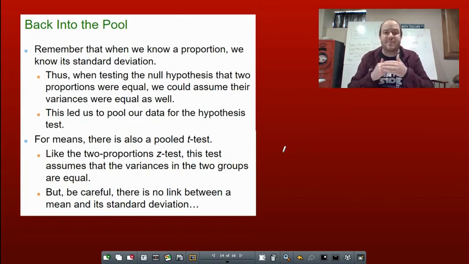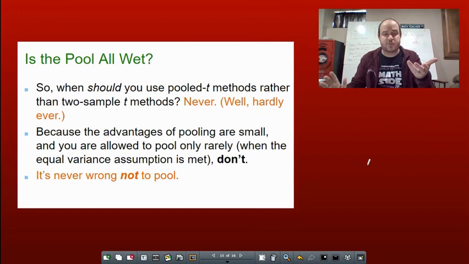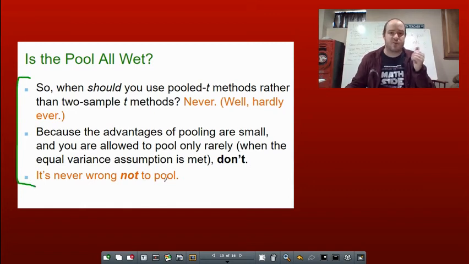And remember, it's never required to pool information together to run the test. A lot of times it's actually better to keep them divided. So when we are working with something like this, you never should pool them. Now, do some statisticians do it in the real world? Possibly yes, but again, you can see over and over here with an AP textbook, it says it's never wrong to not pool.